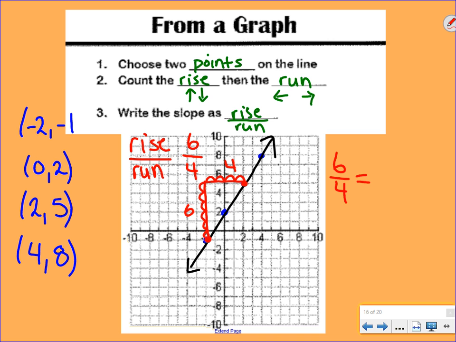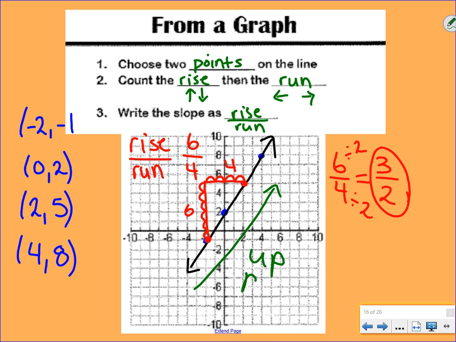Divide 6 by 2 and divide 4 by 2. So the slope of this line is 3 over 2. And if we look at the line, we're going up the mountain. It is a positive slope, so we can leave it as a positive 3 over 2.